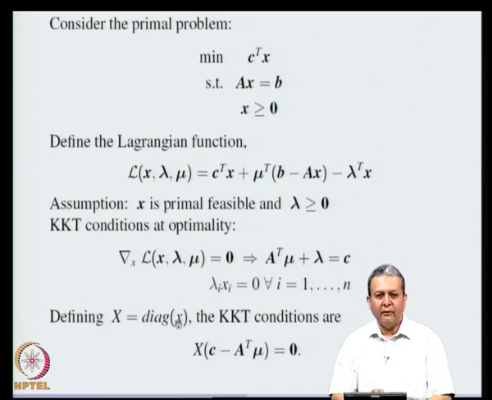So, we take a vector x and put its components along the diagonal of a diagonal matrix X. Then the KKT conditions can be written as X into (C minus A transpose mu) should be equal to 0. If xi is greater than 0, then the corresponding lambda has to be 0 because of the complementary slackness condition, and that lambda is nothing but the component of C minus A transpose mu.